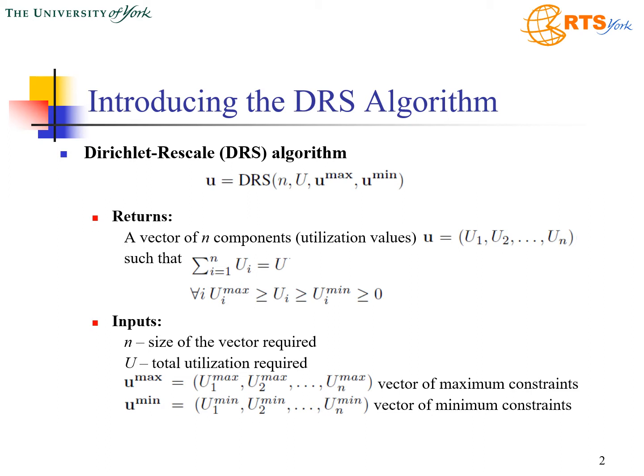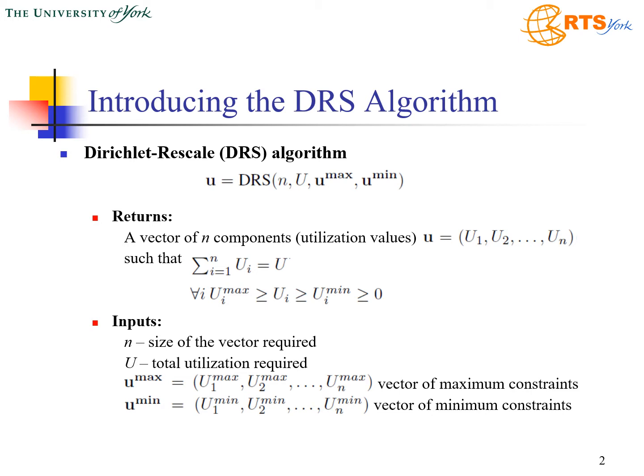The focus of this research is on the Dirichlet-Rescale, or DRS, algorithm. This algorithm has a relatively simple signature. It returns a vector of n components, or utilization values, such that the sum of those component values adds up to the total utilization required.